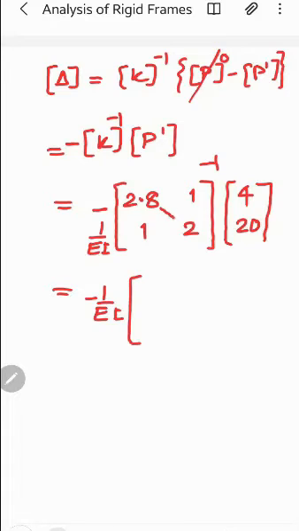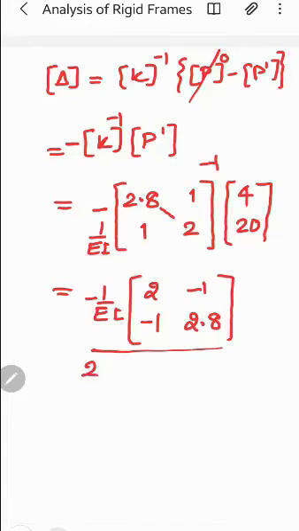Interchange the principal diagonal elements. This is 2, this is 2.8, and change the sign of the other two elements. So this is minus 1, this is minus 1, right? This is the cofactor divided by the determinant, 2.8 into 2 minus 1 into 1, that into 4 and 20.